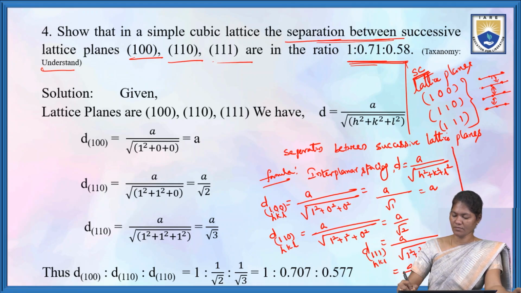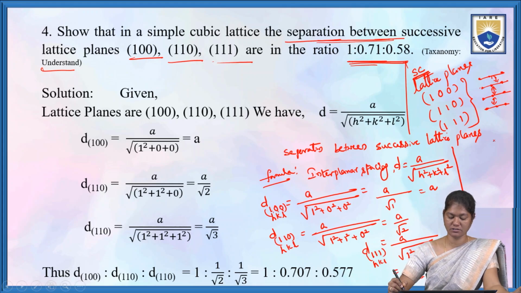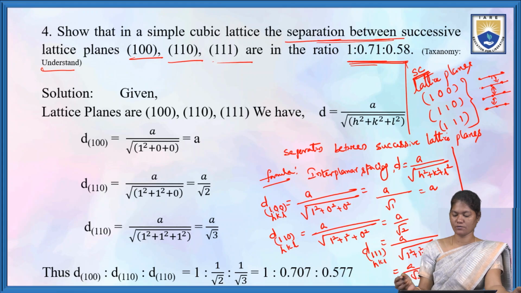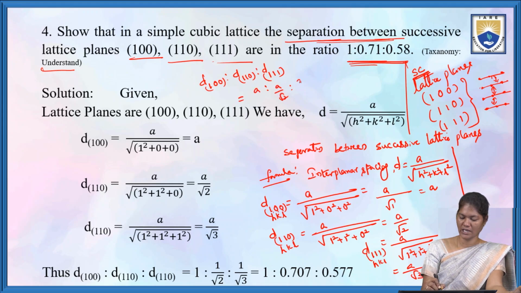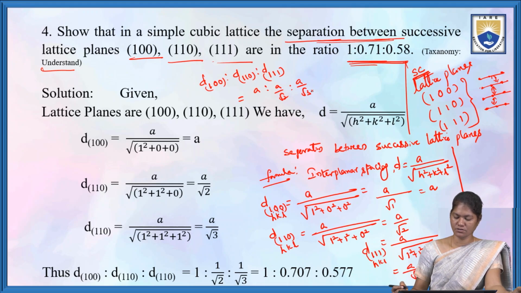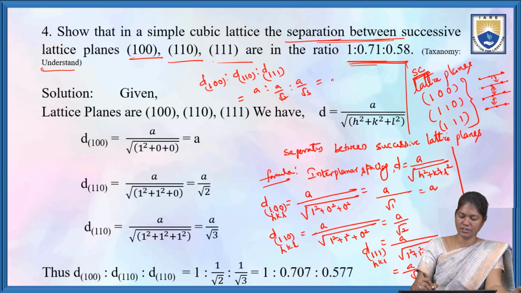So the ratio of the three successive planes, D100 is to D110 is to D111, is equal to A is to A by root 2 is to A by root 3. Taking this, the ratio is 1 is to 1 by root 2 is to 1 by root 3. Calculating this, we get 1 is to 0.707, which is 0.71, is to 0.577.